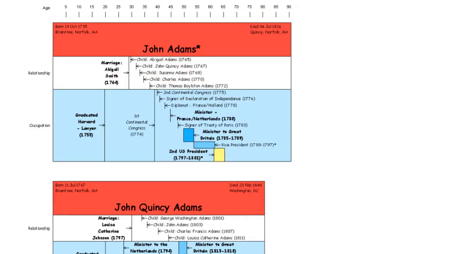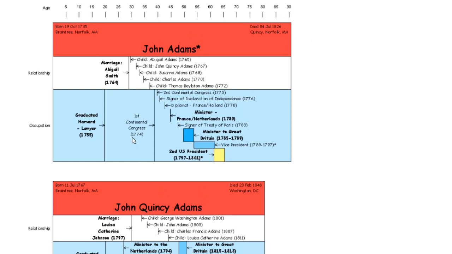Genelines helps by allowing you to place biographical information for two or more people on the same chart with a useful age timeline. Using the comparative biographical chart, family trends can become apparent. In the following example, it's easy to see the strong similarities in the lives of John Adams and his son, John Quincy Adams.